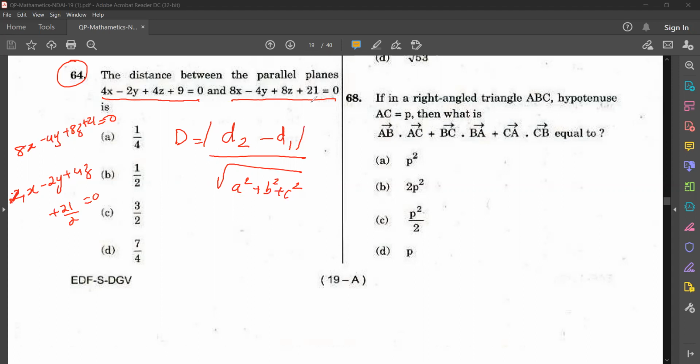So that is d2. d2 is 21 by 2. What is d1? d1 is 9. Now substitute here.